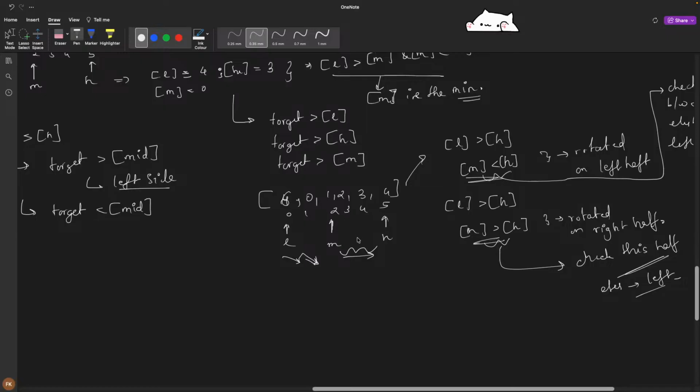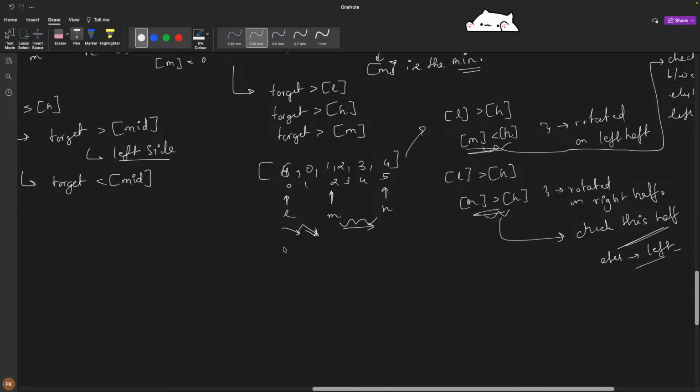In here, this is rotated and middle is less than high. Then we check if it is present here. No. Target is greater than H. I take this half. This becomes my new low, and this becomes my new high, and the mid would be this one. We found it.